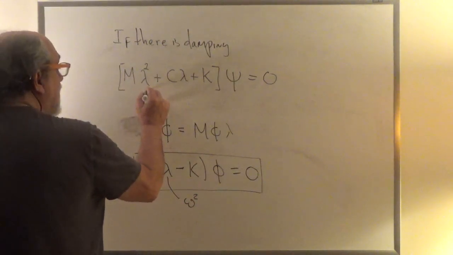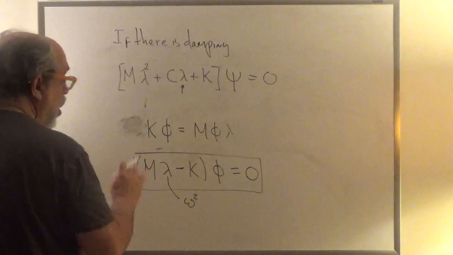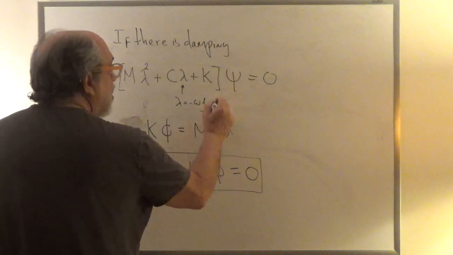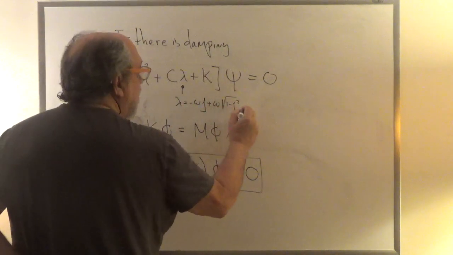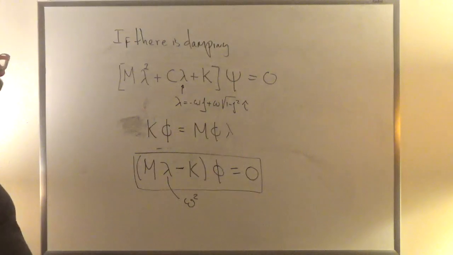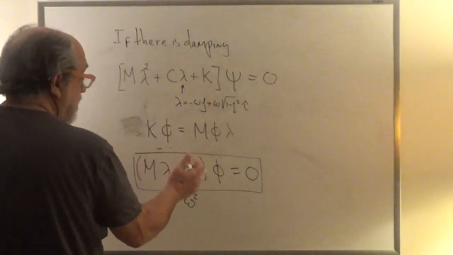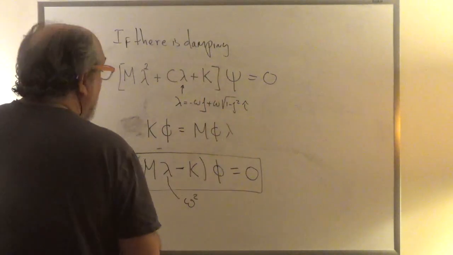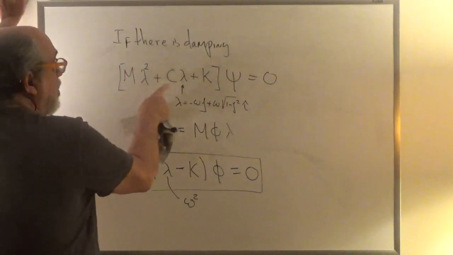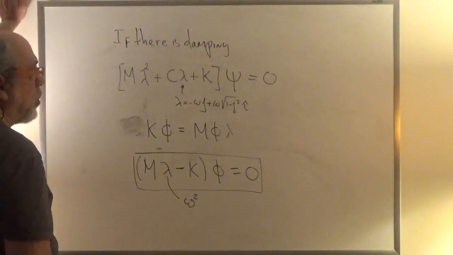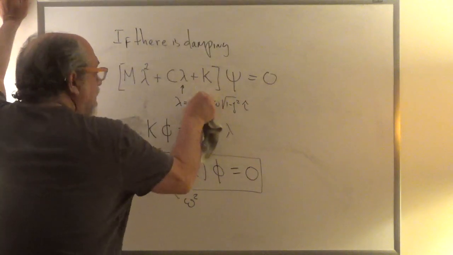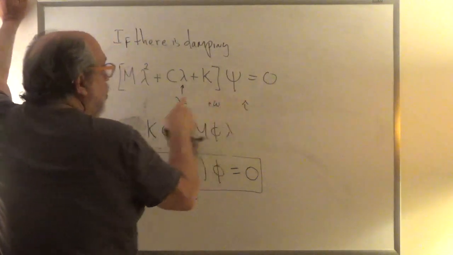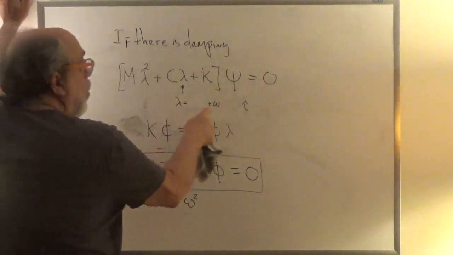And with damping, this lambda is not omega squared, but is equal to minus omega times the damping ratio plus omega times the square root of 1 minus the damping ratio squared times the identity. So they are related, because they both have omega, but they're not really the same thing. If we put no damping here, the real part would be 0, and this part would be 1, and with no damping in this version, lambda is omega times i, right?